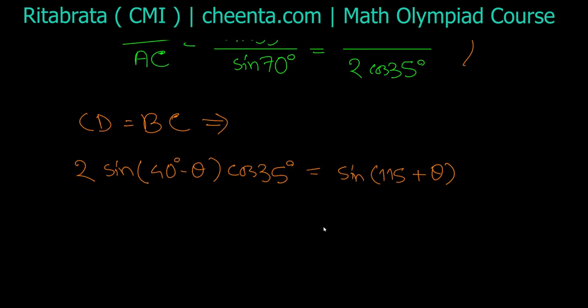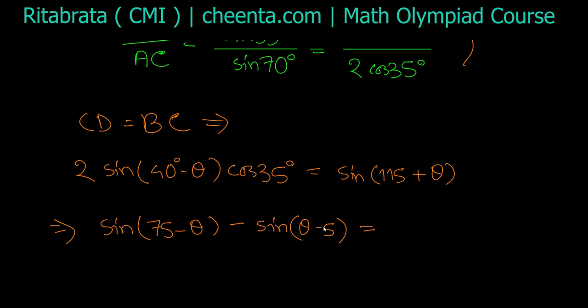Now 2 sine A cos B is the same as sine of A plus B plus sine of A minus B. So this is sine of 75 minus theta, plus sine of 5 minus theta, which is minus sine of theta minus 5.